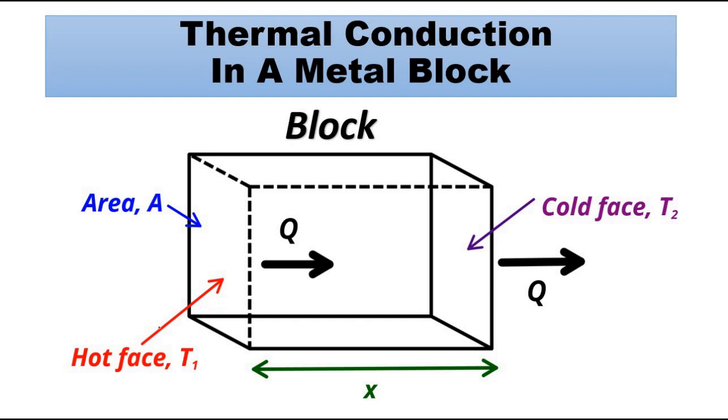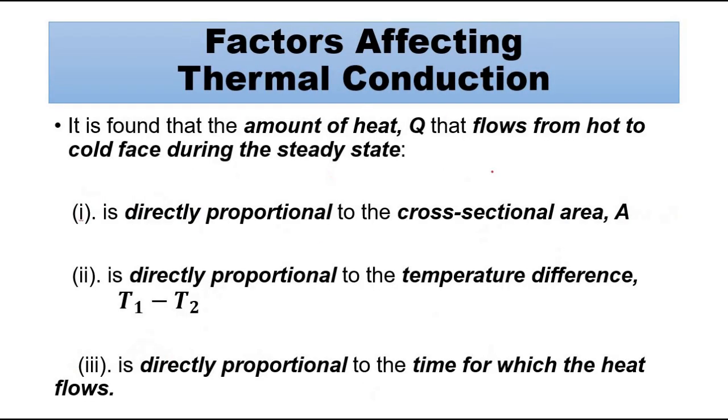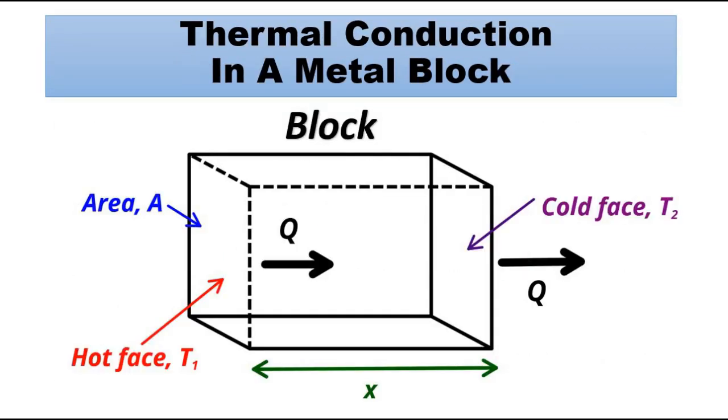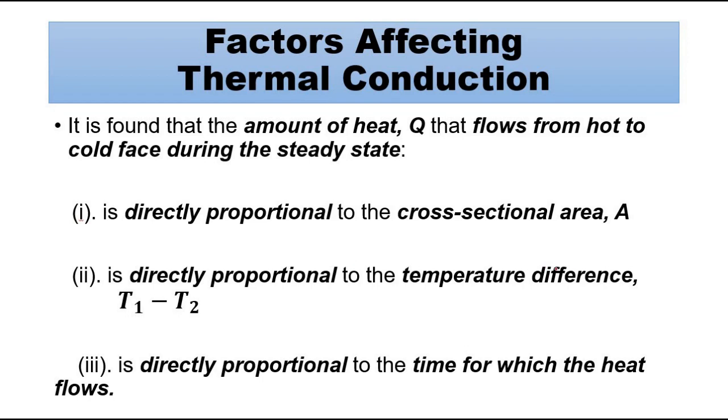For more on that, please refer to the previous video on steady state, variable state and temperature gradient. It has been found that the heat flow during the steady state is directly proportional to the cross-sectional area. It is directly proportional to the temperature difference between the hot side and the cold side, that is T1 minus T2. It is directly proportional to the time duration for which the heat flow takes place.